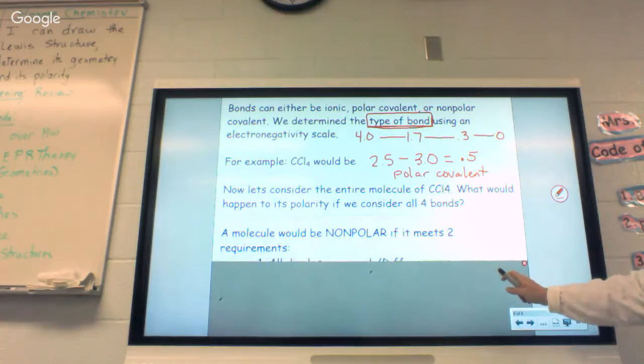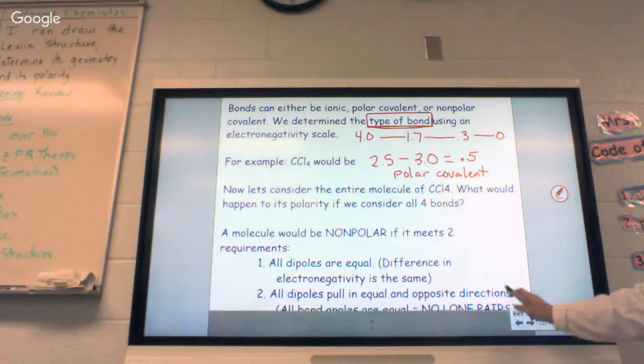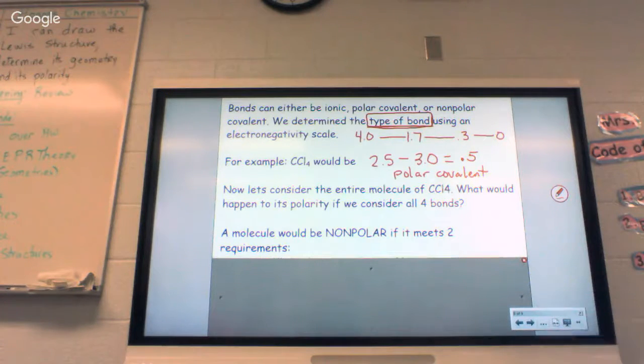All right. So the easiest way to do this is to talk about how to be non-polar, rather than talk about how a molecule can be polar. In order for a molecule to be non-polar, you have to meet 2 requirements.